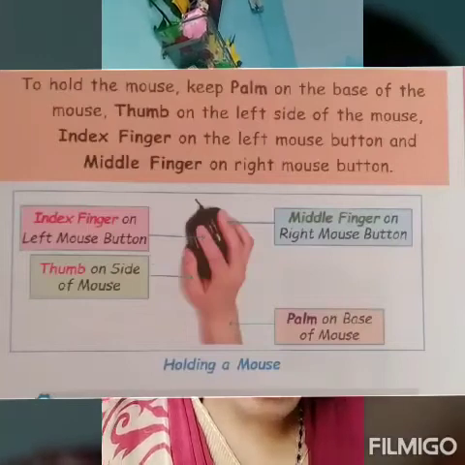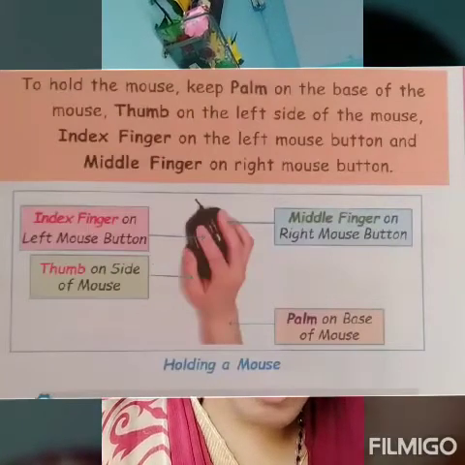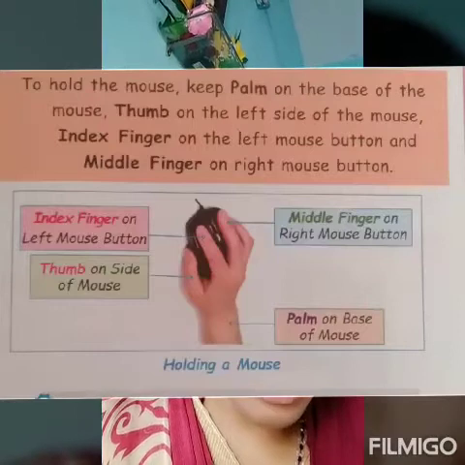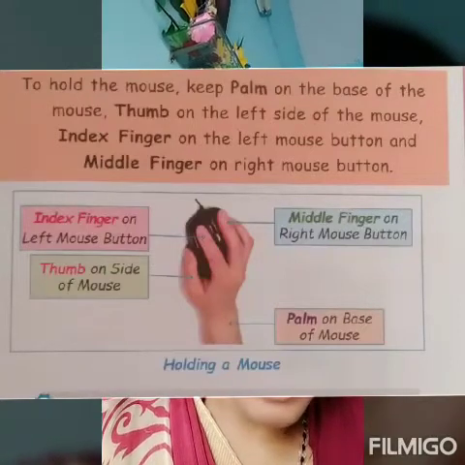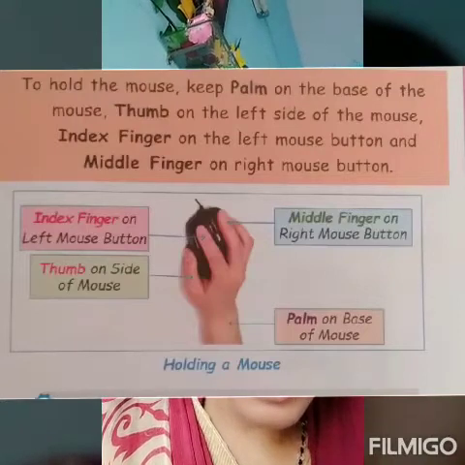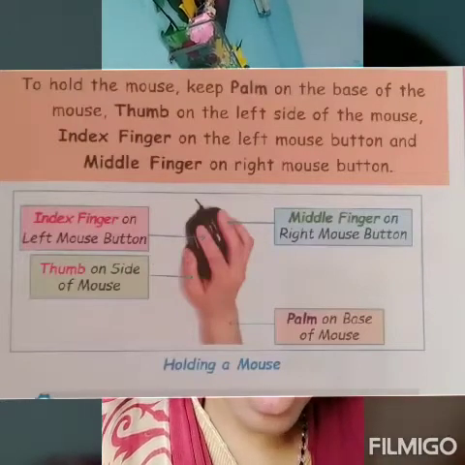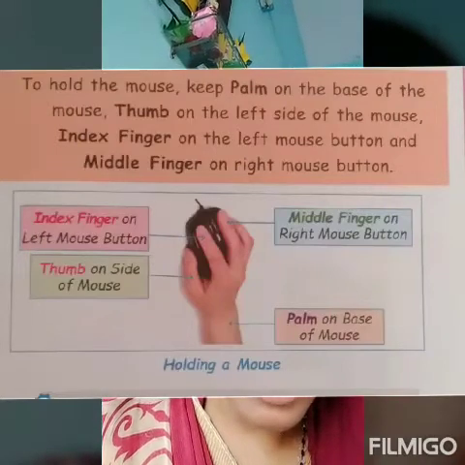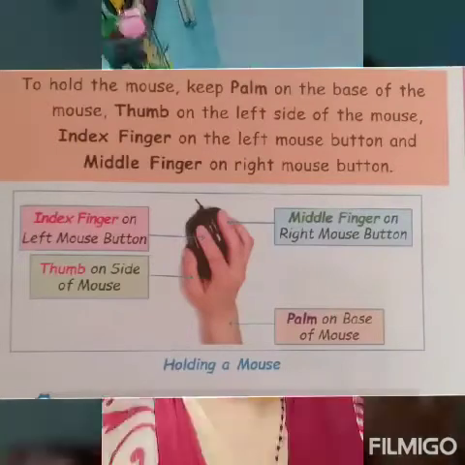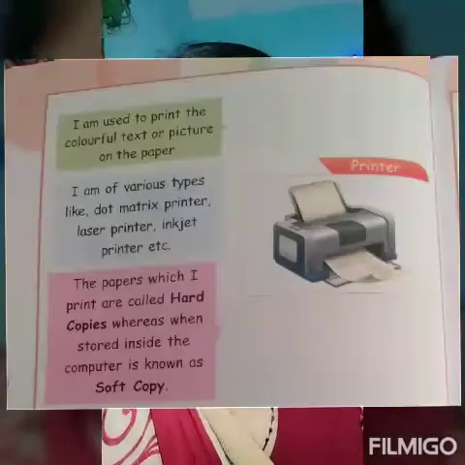Okay, so you have to keep the palm on the mouse, the index finger on the left button, the middle finger on the right button, and the thumb to hold the mouse. Okay, now you learn how to use a mouse.